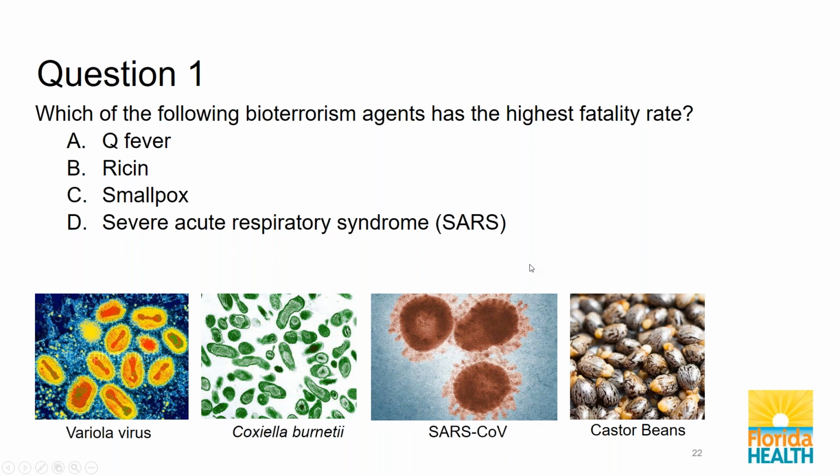When you're asked a question like this on the exam, the majority of you are stuck between ricin and smallpox. When you're thinking about these types of questions, you really need to look at what they're asking you: which one has the highest fatality rate.